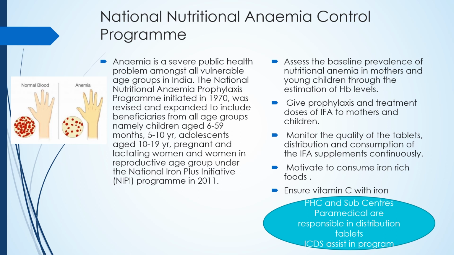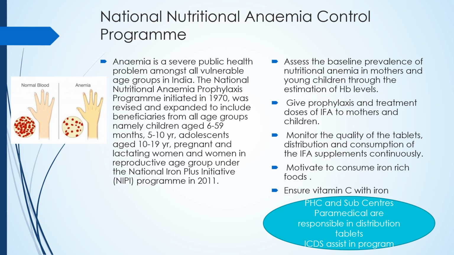So the next deficiency control program we have is the anemia control program. Anemia is a severe public health problem among all vulnerable age groups in India. The National Nutritional Anemia Prophylaxis Program was initiated very early, in the year 1970, and was expanded to include beneficiaries from all age groups, namely children aged 6 to 59 months.